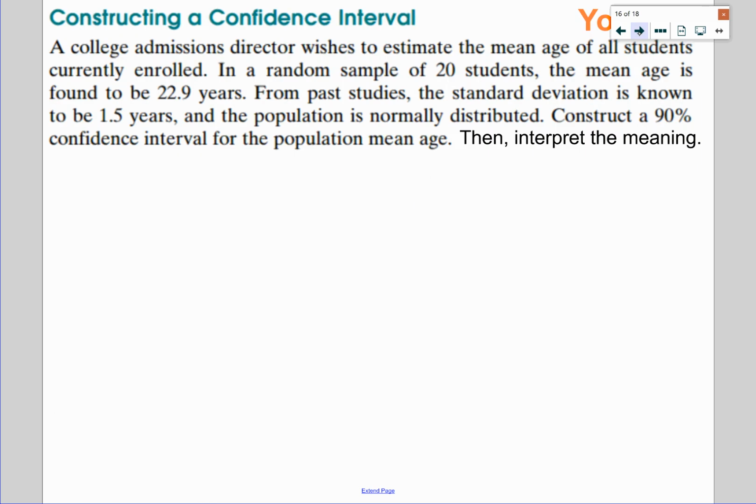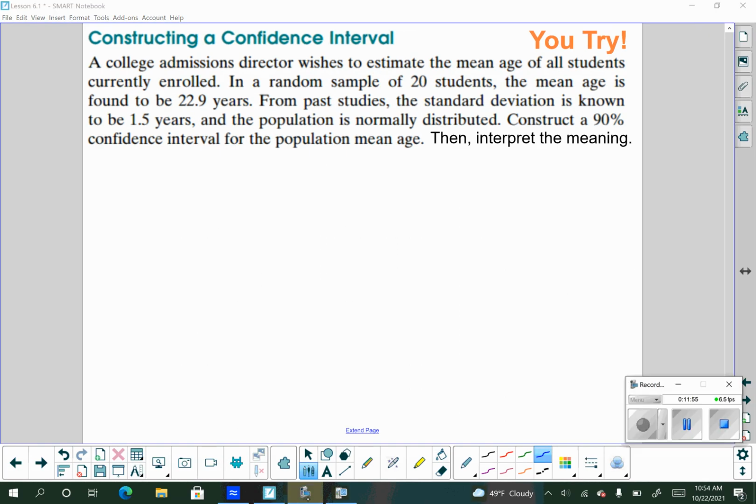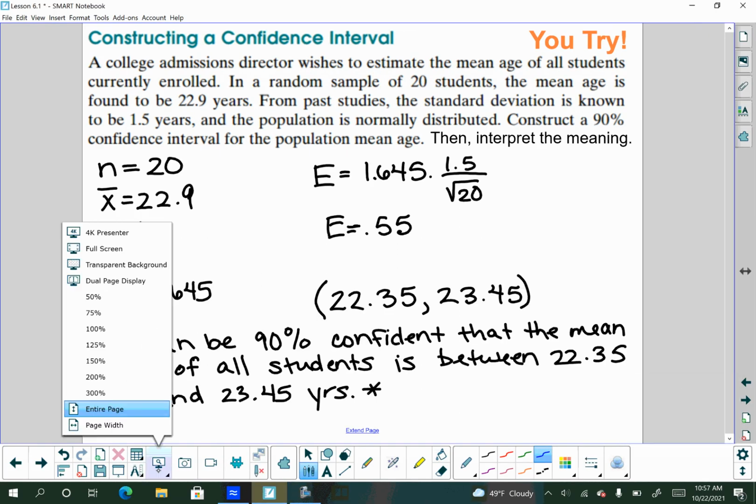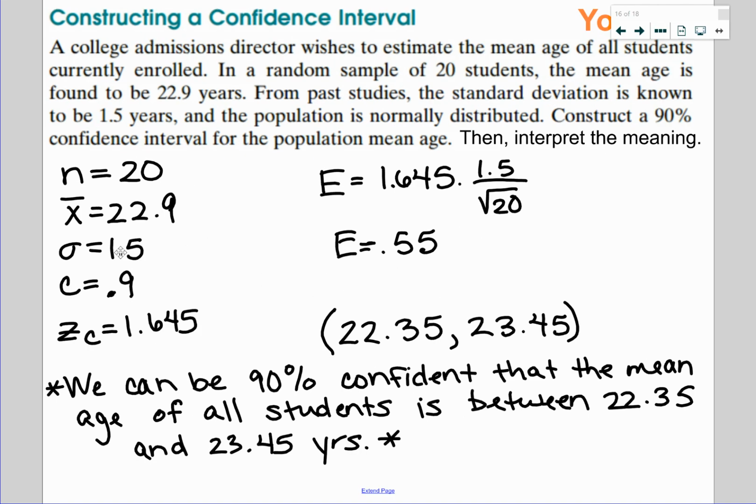Find all your pieces and parts and then construct a 90% confidence interval for mean age in this problem. All right, did you get a margin of error of 0.55?